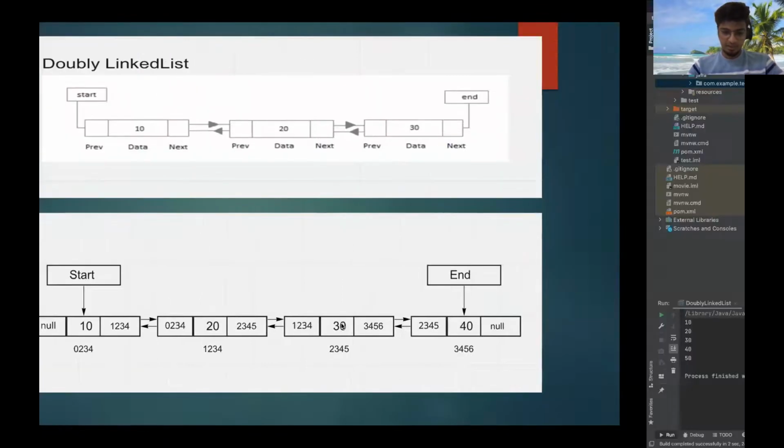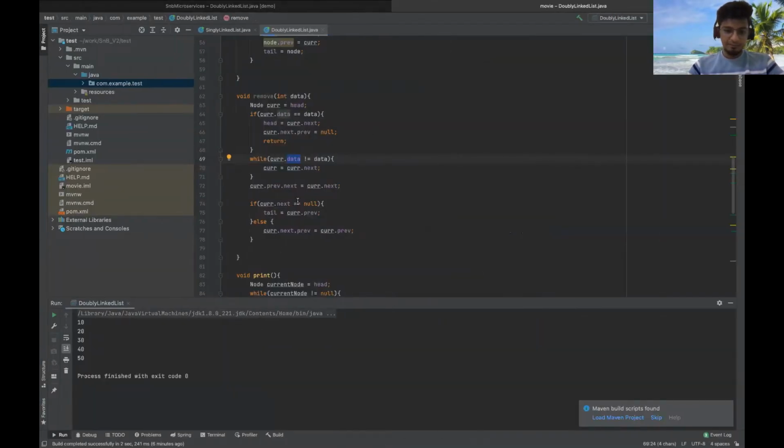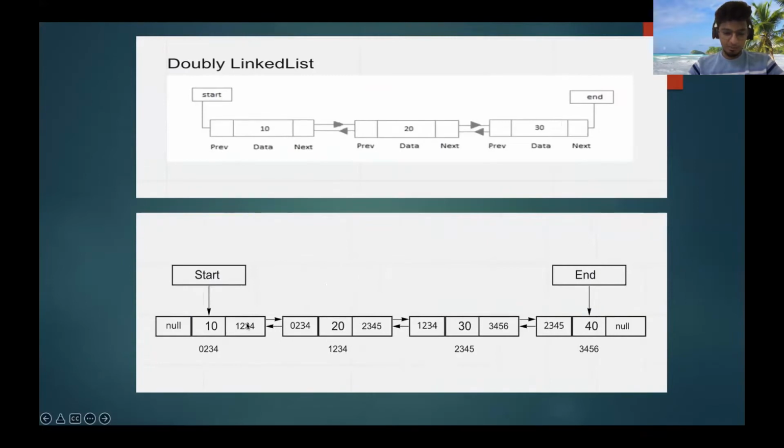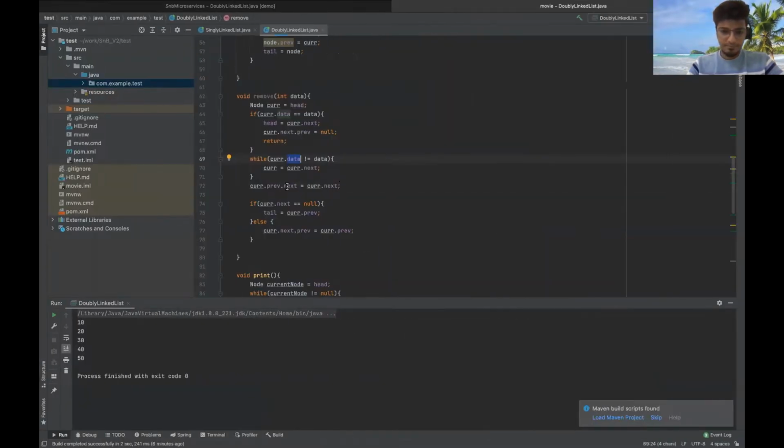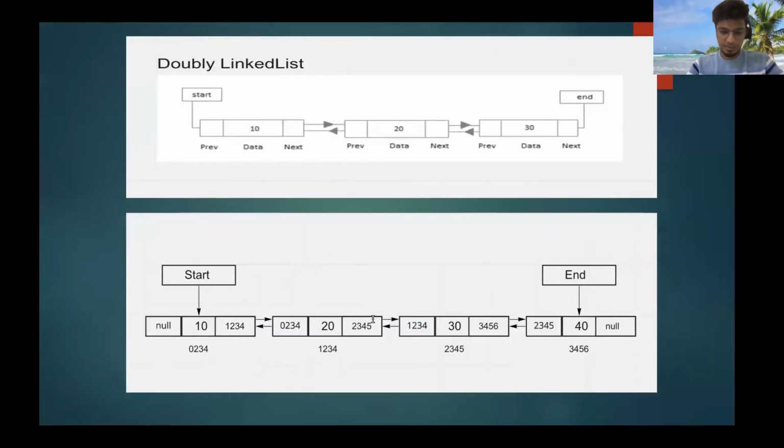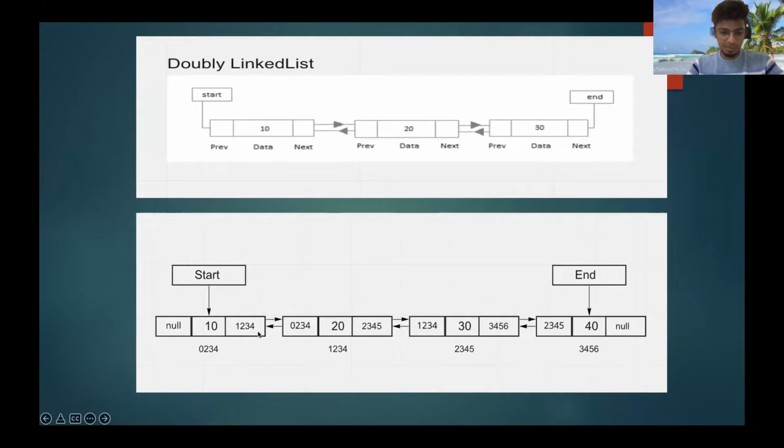Now you are going to make current node dot previous next, which means the previous node's next is going to be your current node dot next. So you are going to point this node to this node.